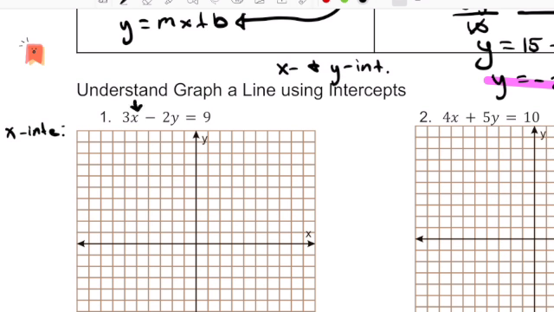So our first problem is 3x minus 2y equals 9. We will plug in 0 for x and then copy the rest. So when we multiply 3 times 0, we come up with 0, so we can just cross that out. And now we have negative 2y equals 9.